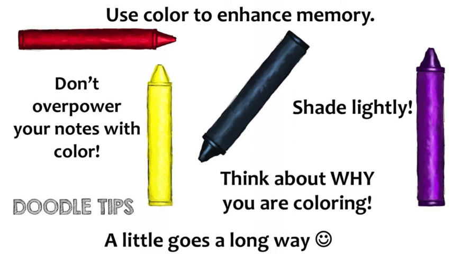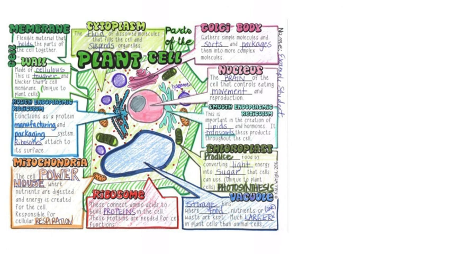You can go back and add color, but remember, doodle notes are just a way to help enhance our memory of the content. So when you're all said and done, here's my example of our plant cell with the coloring. My Golgi bodies are in pink, and I colored the organelle on the picture in pink as well.